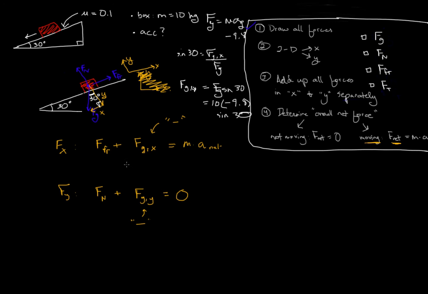Okay, so we figured out that it is 10 times negative 9.8. So I'm going to just say that's negative 98 sine of 30. That is your Fg x. It's negative 98 sine of 30.